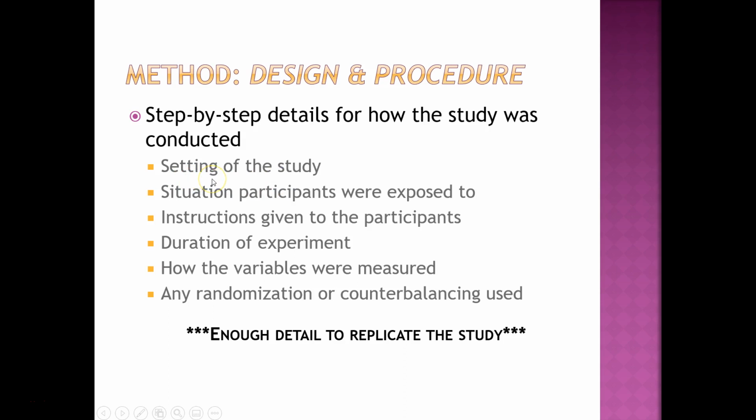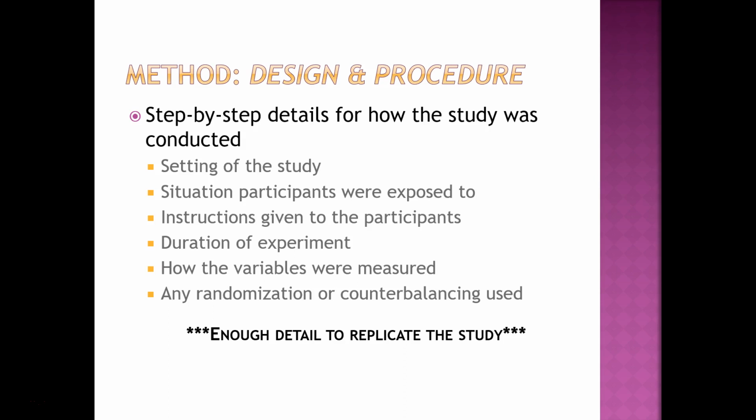Assuming you're doing a study on a college campus, you wouldn't say this study was done in Smith Hall room 410. Nobody would know. Imagine people reading this who live in other parts of the country or other parts of the world. They wouldn't know where Smith Hall is or what room 410 looks like.